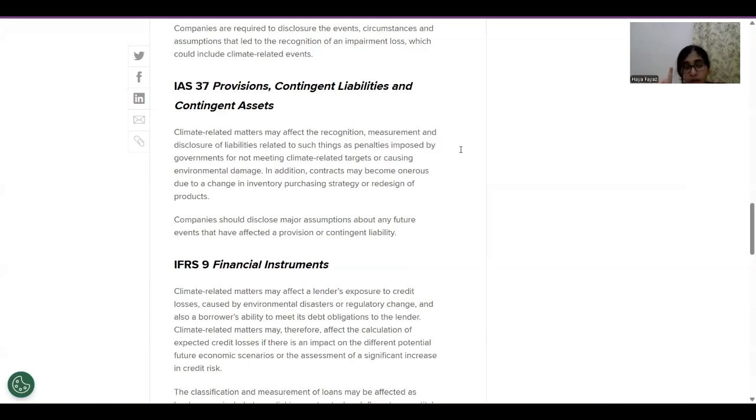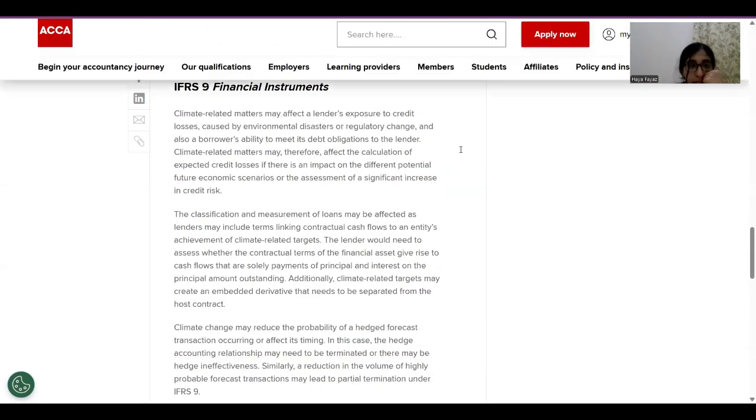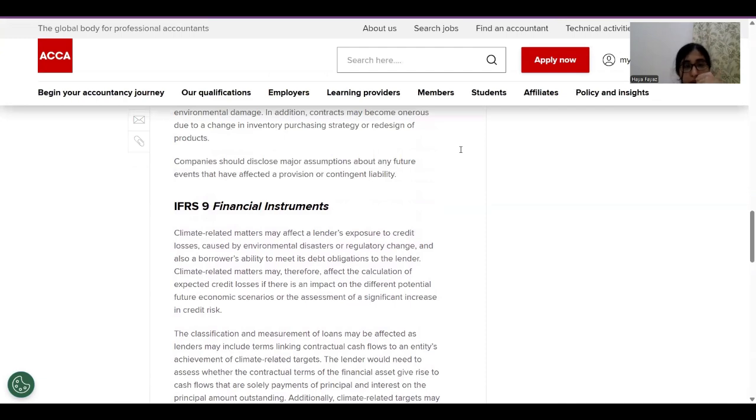Don't do extra. It's just time waste. So companies should disclose major assumptions about any future events that have affected a provision or a contingent liability. So if they assume that a future event can take place and a contingent liability is therefore coming up, or if a provision is likely to be created, they can mention that as well.